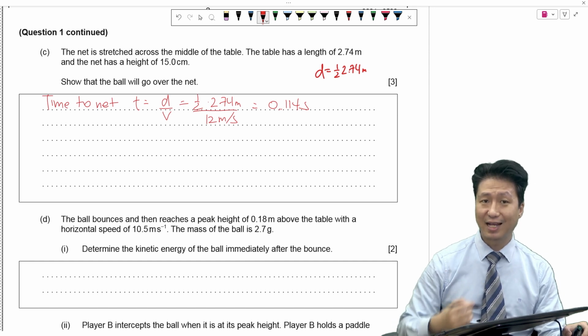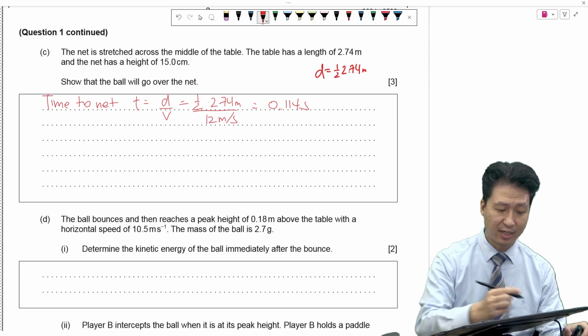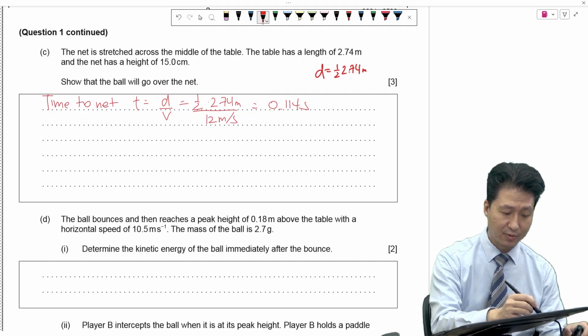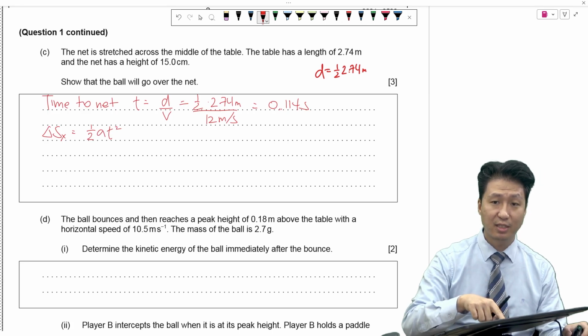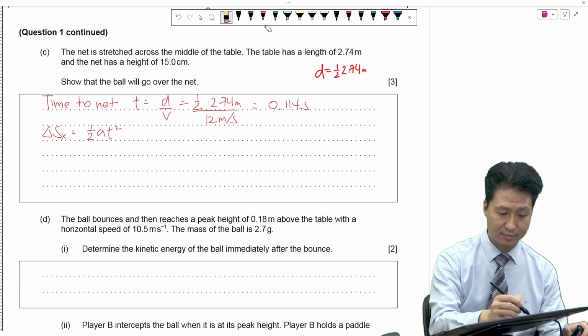Next, we'll calculate how far the ball falls within this time. So the drop distance is equal to 1/2 acceleration times time squared. Again, the initial velocity vertically is 0. Sorry, this is the vertical drop distance.